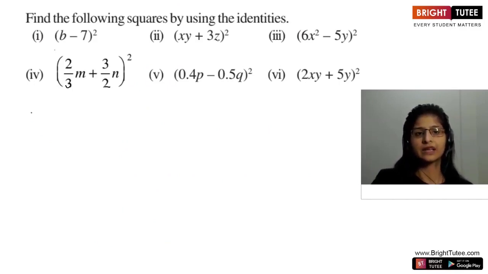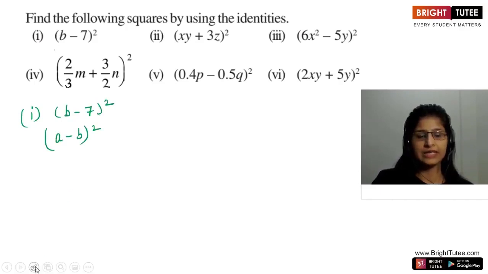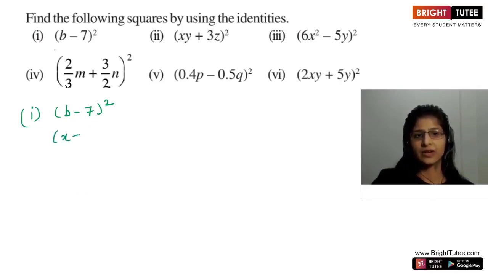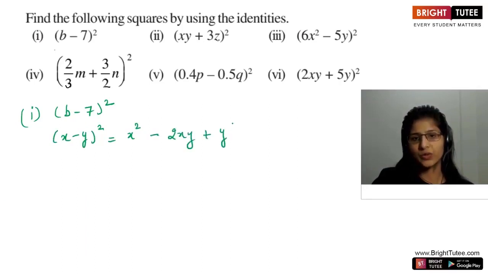In the first part, we are given b minus 7 whole square. Okay, so we know a minus b whole square. Or we can say just in terms of x and y, because b is already used in this, what can I use? X and y. So x minus y whole square is x square minus 2xy plus y square. So the same identity that we had in the form of a and b, I have written using the variables x and y.